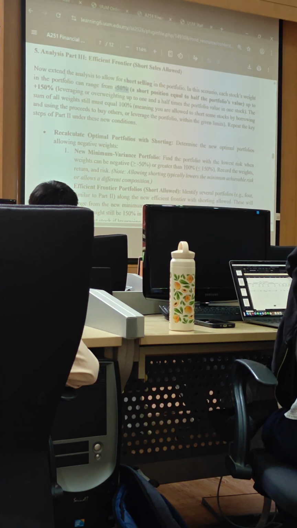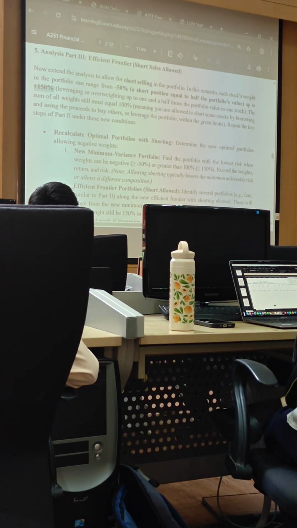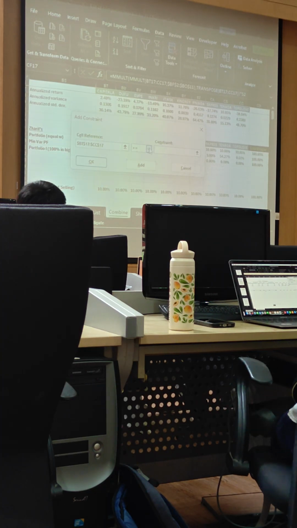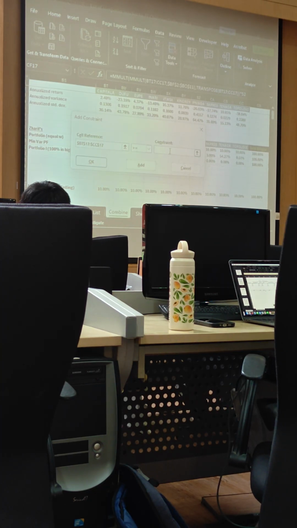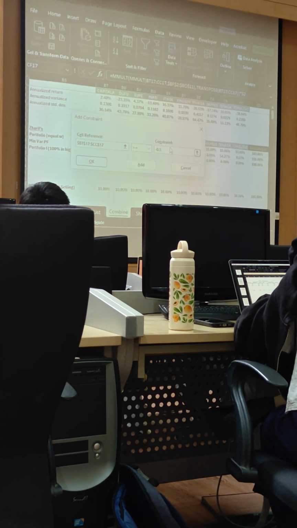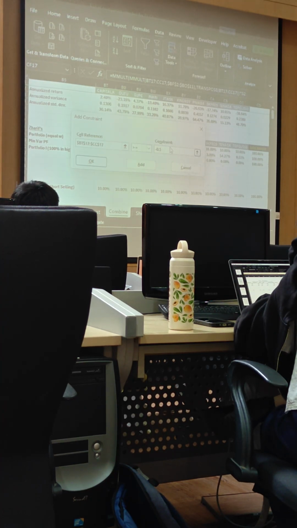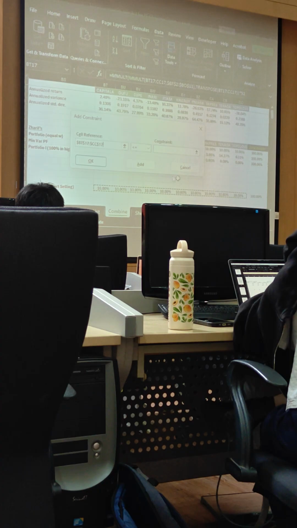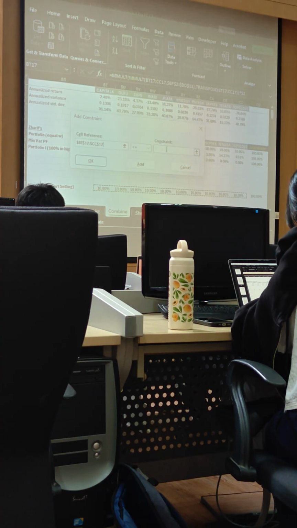No, 50% up to 150%. So, dekat dalam sini, you kata greater than or equal to, the constraint is negative 0.5, which is dia lebih besar daripada negative 0.5. And then also, another constraint is that you need to select this again. It is less than or equal to 1.5.